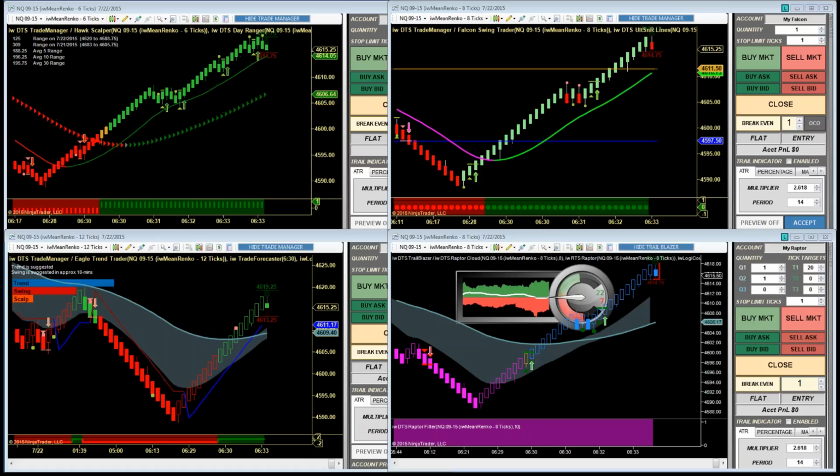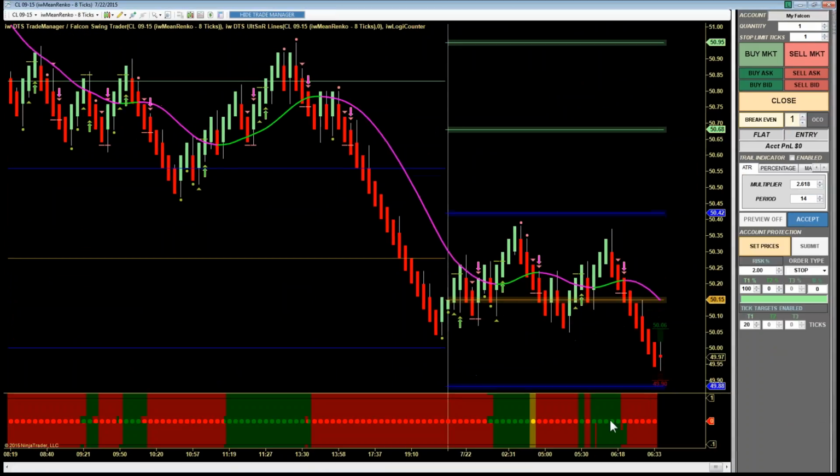Let's take a look here at the Falcon Swing Trader, which is going to show us the same thing but different. Okay, so as far as scalping goes, we don't really have a scalp type trend developing yet. Couple attempts at a trend change signal which have failed. We now have a trend change signal to the downside, so our trend line keeps changing color.